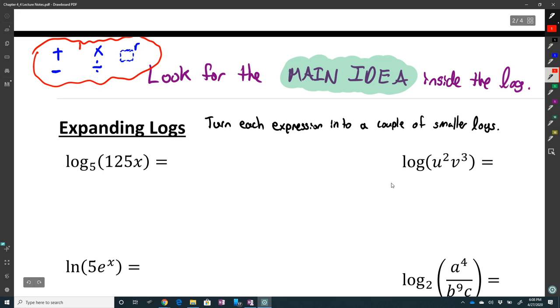If it's addition or subtraction, walk away. Basically, if the first thing you would do in the order of operations, the main thing happening, is you're adding or subtracting 2 things, walk away. If it's any of the other 3, then use the rules.